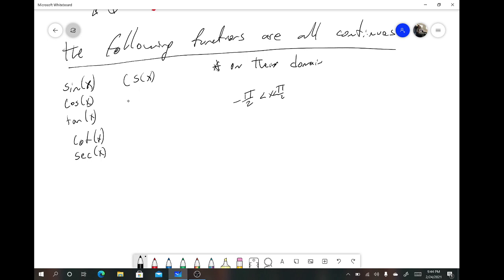The inverse of these functions on their domain is continuous, so sine inverse is continuous, cosine inverse is continuous, tangent inverse is continuous, cotangent inverse is continuous, the inverse of secant is continuous, and the inverse of cosecant is continuous.